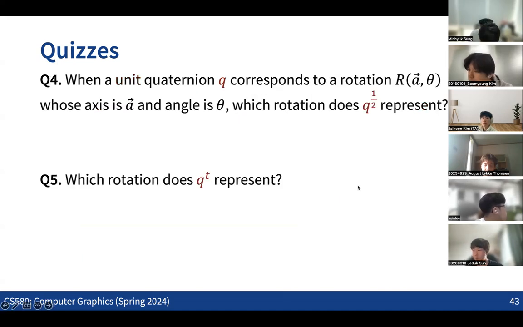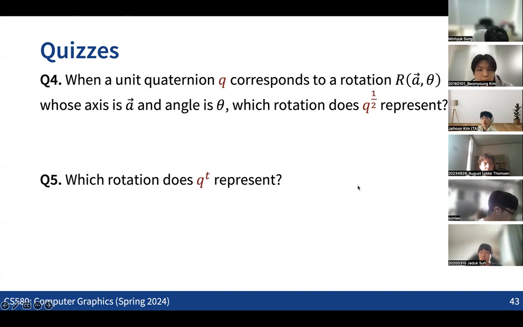And the other thing is, when a unique quaternion Q corresponds to the rotation with the axis A and the angle theta, if we can define the square root of the quaternion, Q to the 0.5, then what 3D rotation does this quaternion represent?